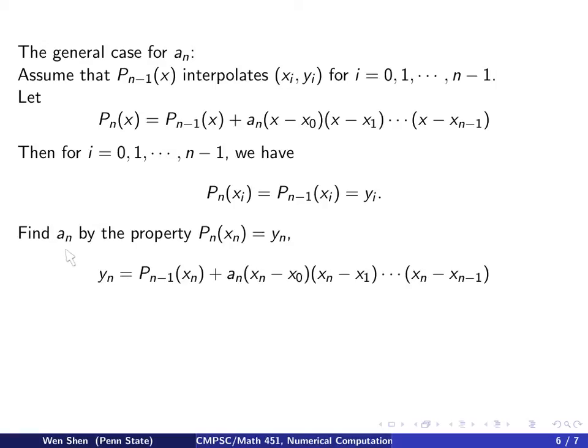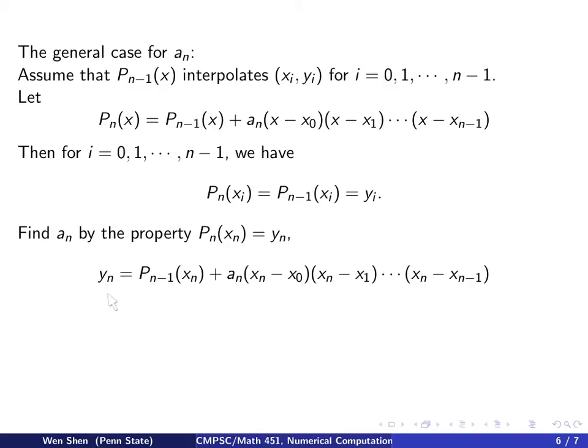And in a similar way, the coefficient an can be determined by using the additional point that you add on, that is, the point xn, yn. Put that in and write out, I have yn equal to this expression here, where you put x to be xn. If you compare this expression with that one, it's just changing all the x into xn, and that's what you get.